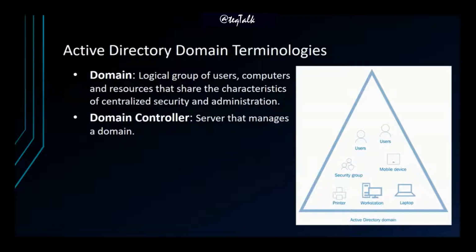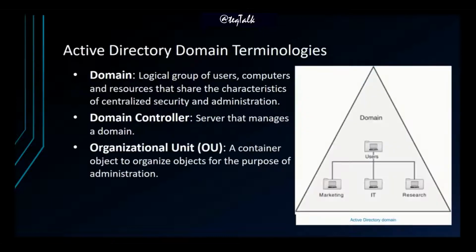That's pretty self-explanatory. The next thing is the organizational unit. As I was explaining the domain, I spoke about users, computers and so on. There might be users from different departments of my company. One may be from marketing, one may be from IT, one can be from research. I want to have different policies for them.